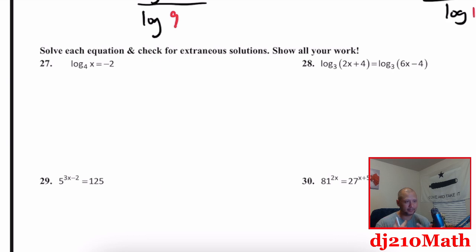So our techniques: we rearrange, solve for x. We convert to either log or exponential. Typically you convert to exponential and then solve for x by setting the exponents equal to each other. Or you condense it down so that you have a log on both sides, cancel the logs out, and set the arguments equal to each other. If there's a base, you make the bases equal, cancel them out, and set the exponents equal to each other. So those are the things that we're going to do.